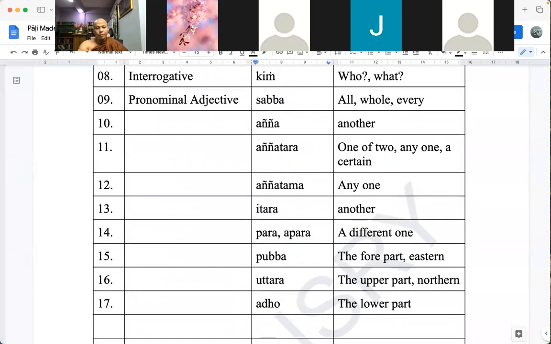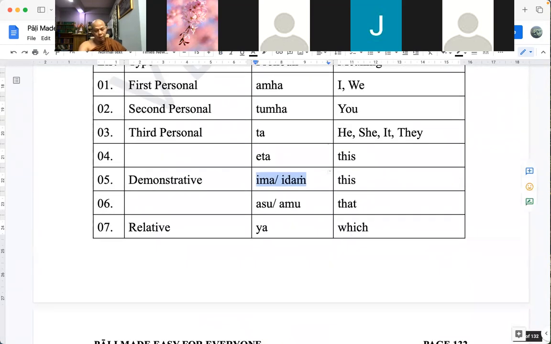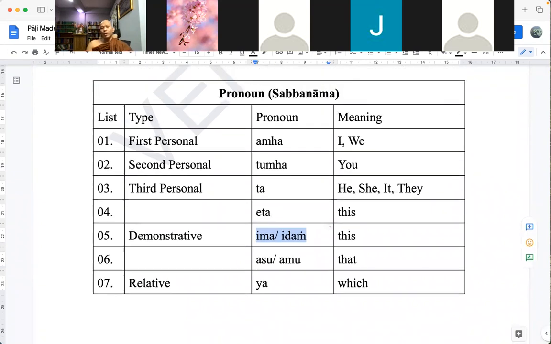Something remains, not finished yet. In this way, when we analyze these pronouns, we can understand easily. Later I will make it complete.